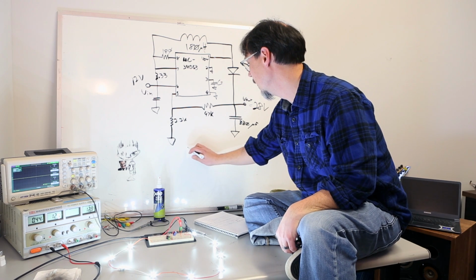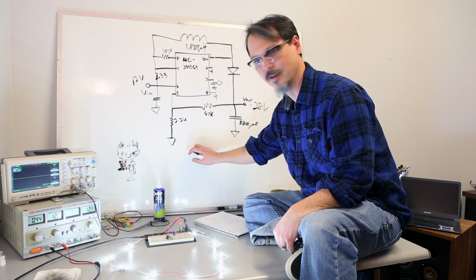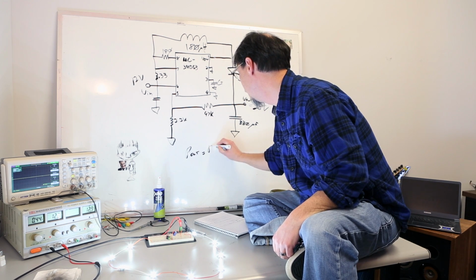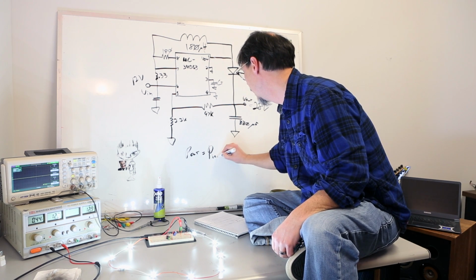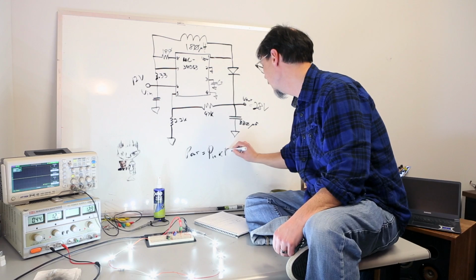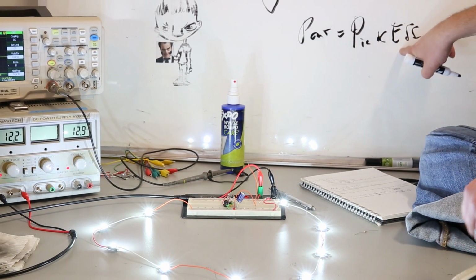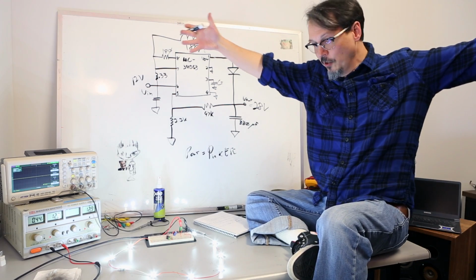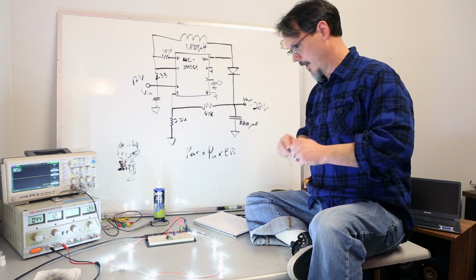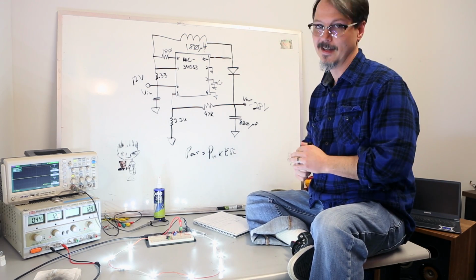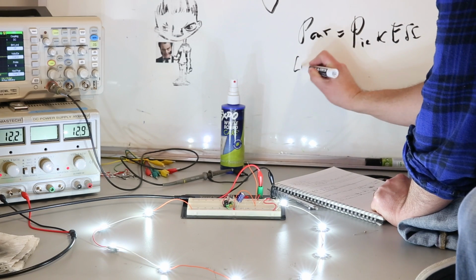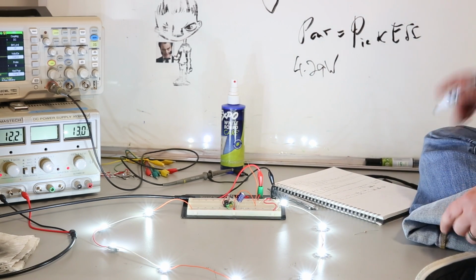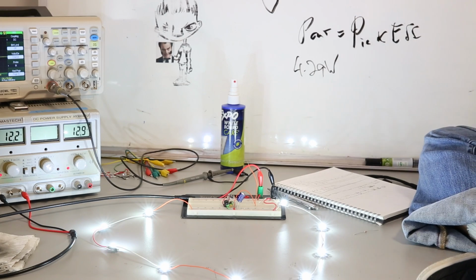To put it in equation terms, P out equals P in times efficiency, and that's going to be a number less than 1. If it's greater than 1, you're the greatest human in the world, because that is greater than unity. That doesn't happen. So my P out is 4.29 watts. And that is voltage times current, nothing special.